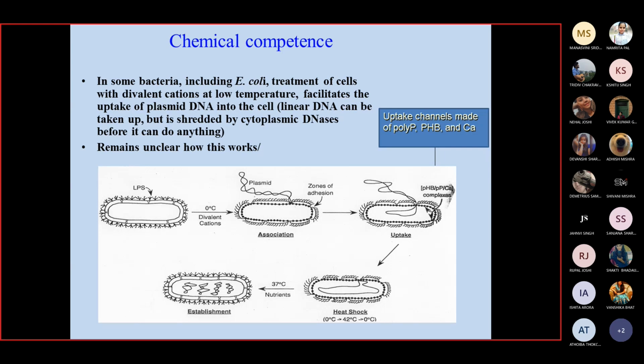So pUC18 and 19, for example, are examples of high copy plasmids, and pBR322, for example, is a low copy plasmid. Within a cell, when we try to transform with pBR322, about 50 copies at the maximum will be there.